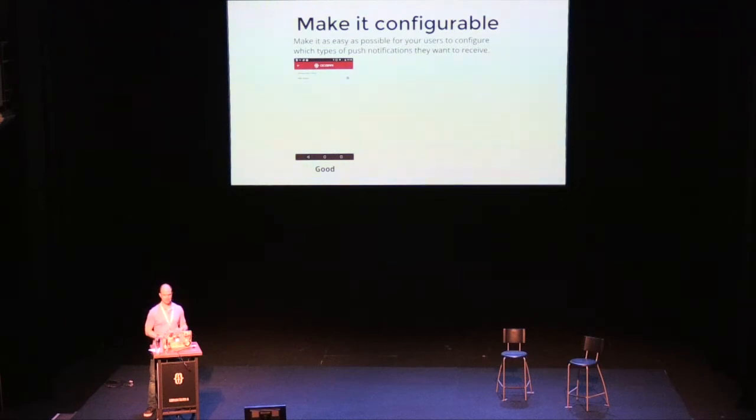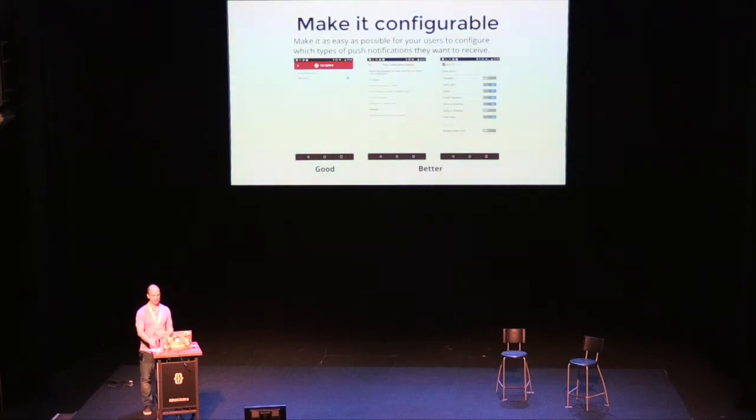Every time there was a new story on CBC News' homepage, it would send me a push notification. I didn't care about 87% of them, and that's a statistic I just made up on the spot. But still, it only gave you the ability to either receive or not receive push notifications. It didn't give you any way to segment it into things that you actually cared about, which for me would probably be hockey scores. But anyway, it's good if you at least provide a way in your application to turn pushes on and off.